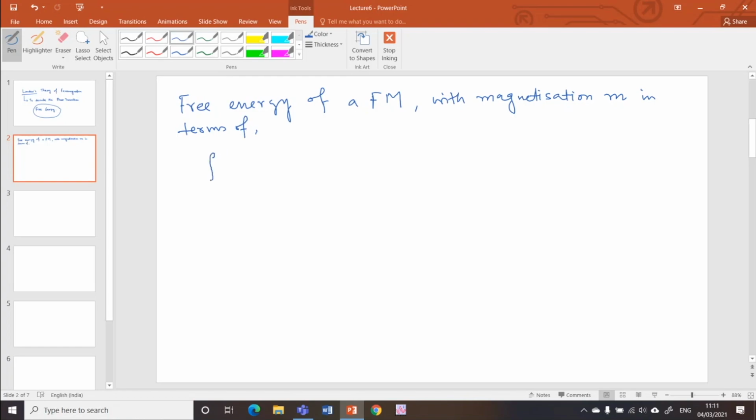So this F, which is a function of M, can be written as a summation of these terms: F0 plus A(T) M square plus B M to the power 4 plus dot dot. Okay, so this is my equation number 1.